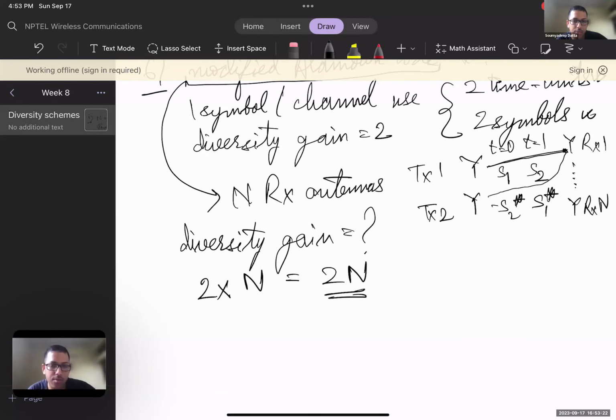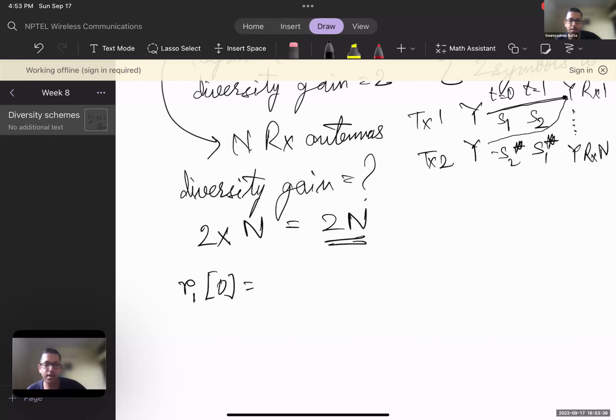Essentially what happens is at each of these antennas, let's say the first antenna, R1. The received symbol at time 0 for the first antenna will be, it depends on your notation, Z11 for the first channel, from the first transmit antenna to the first receive antenna.